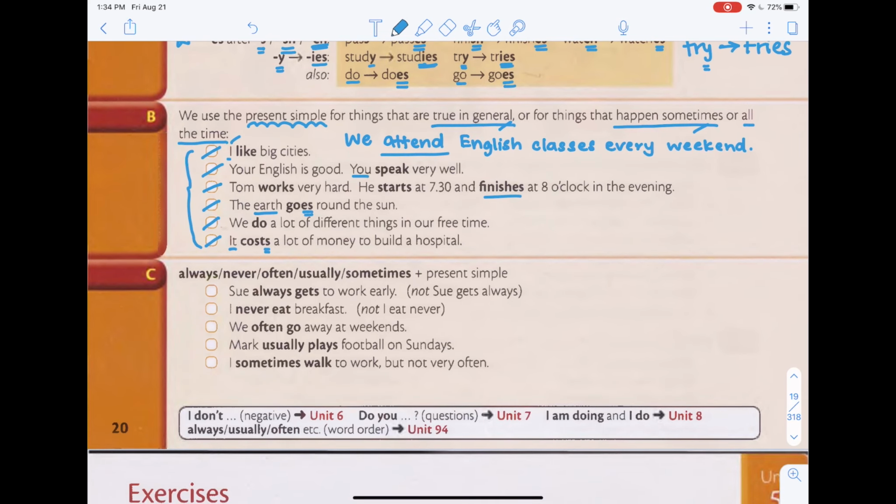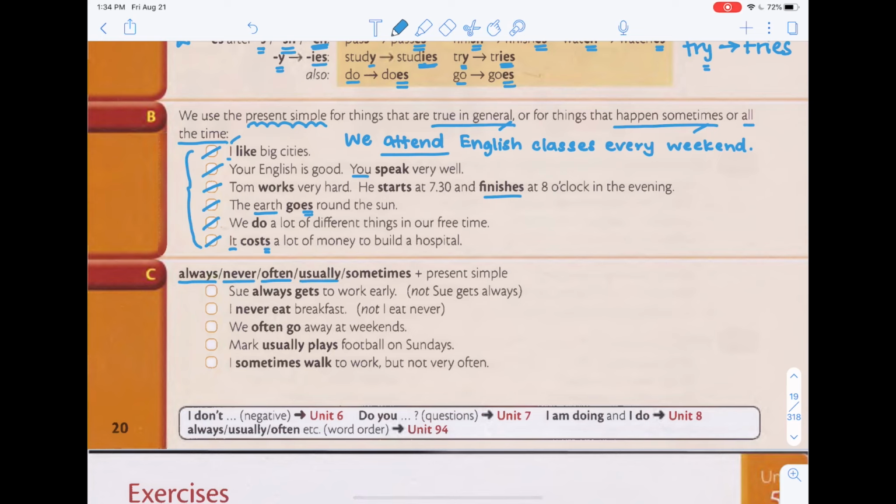Now, what if you want to use present simple to talk about something that only happens sometimes? You can still use present simple, but you need to add these words. So always, for things that always happen, never, for things that never happen, often, or you could use usually.